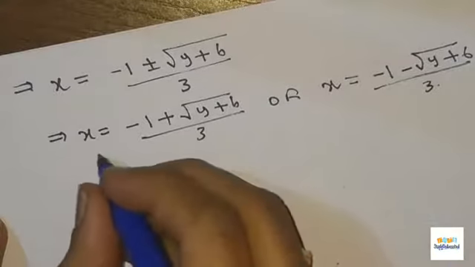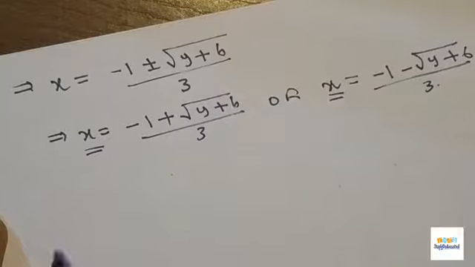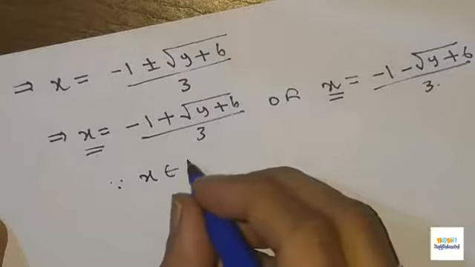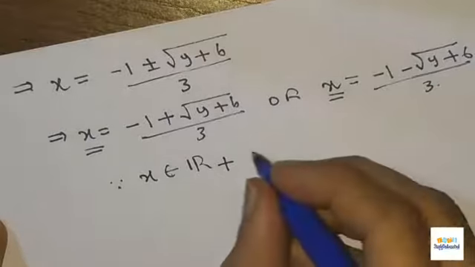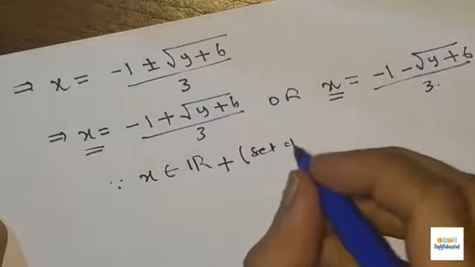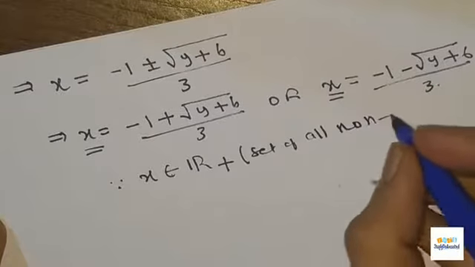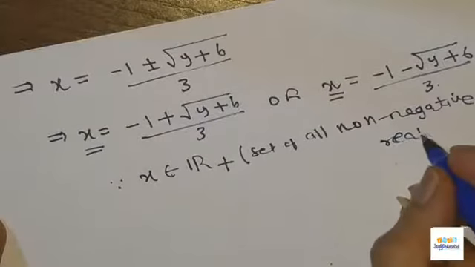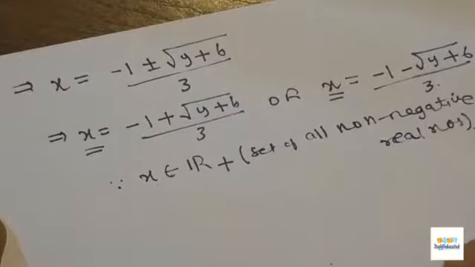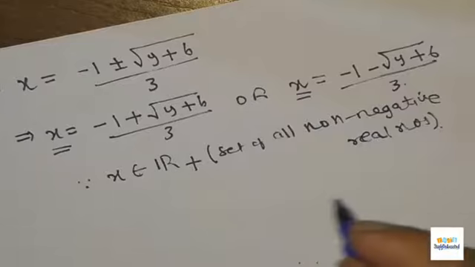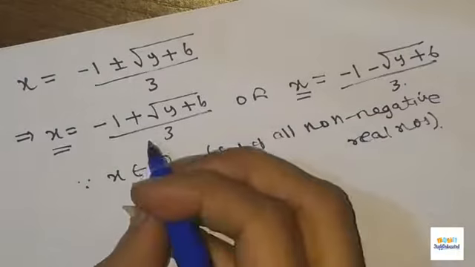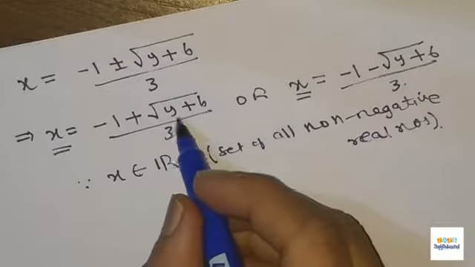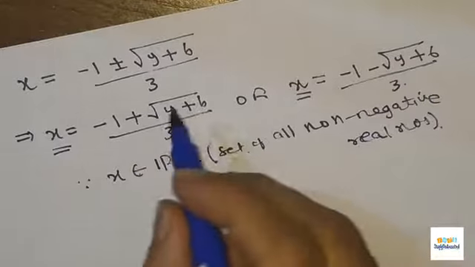Now you have to look at this x. You know that since x belongs to R plus, that means the set of all non-negative real numbers, if you observe this x, then for every y you have this quantity as positive.